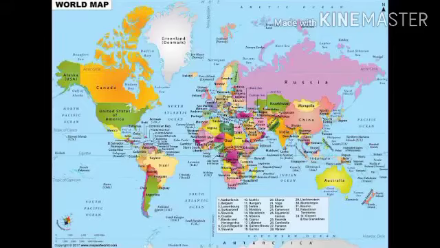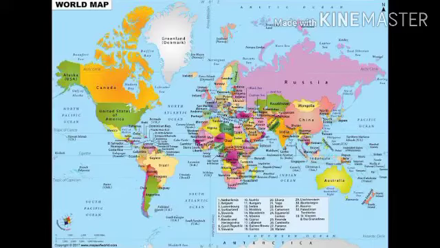The continent that lies completely in the north is North America, and in the south is South America. It is in the western hemisphere; since these are all located on the western side, it is called the western hemisphere.